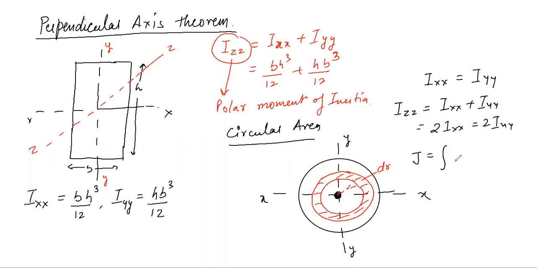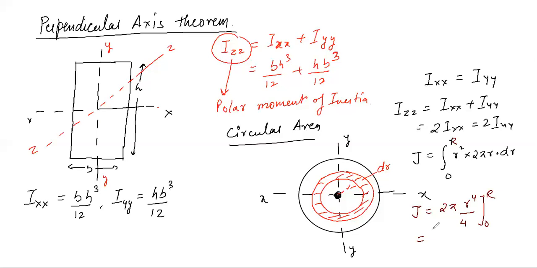Now this can be written as integral 0 to r. Now this is r square into area. तो एरिया क्या हो जाएगा आपका, ये 2 pi r into d r, right? So this can be defined as J. Now it is to be further solved that J is equals to 2 pi r क्यूब है तो यहाँ पे हो जाएगा आपका r 4 by 4, the value of 0 to capital R, let's say, right?